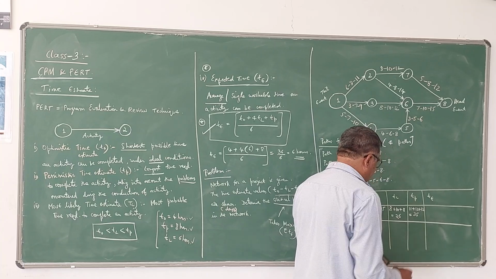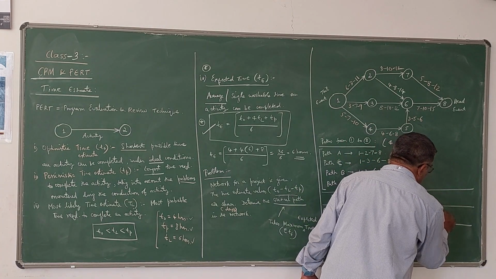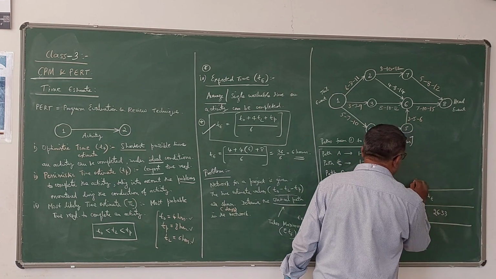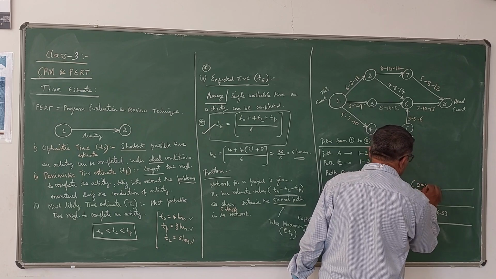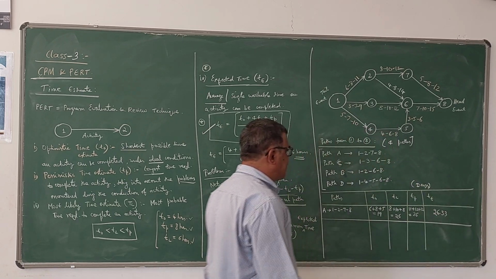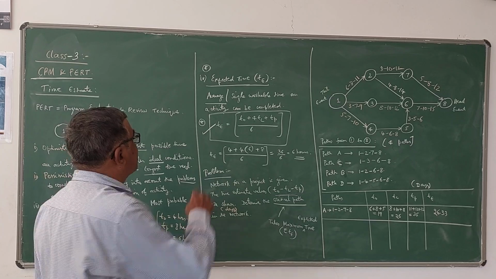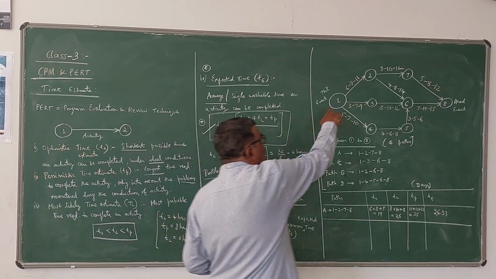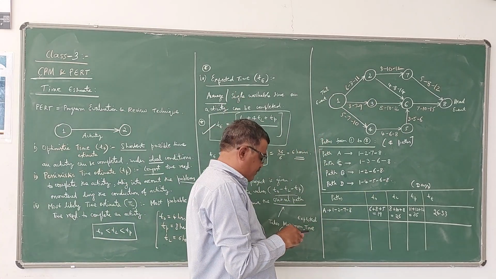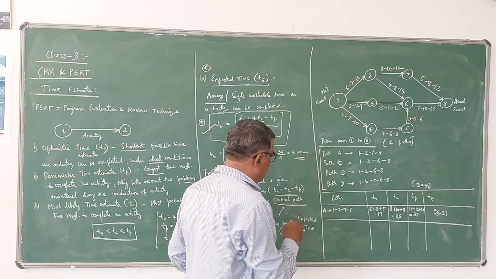This average value is 26.33. All the time values are in days. 26.33 is the expected time if you move along path A to complete the project.